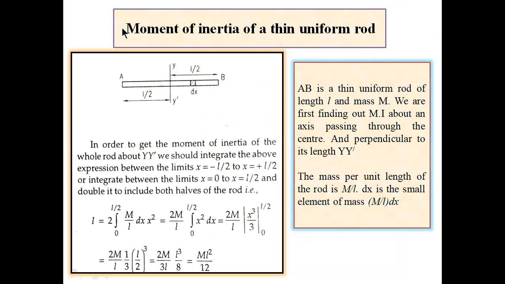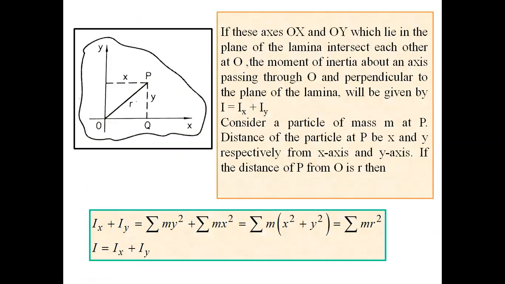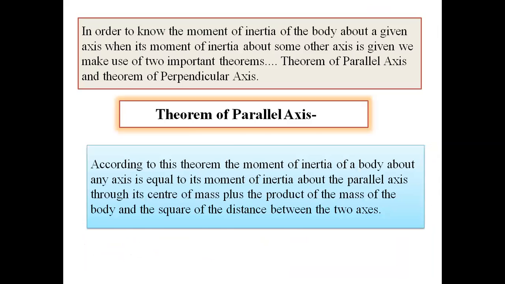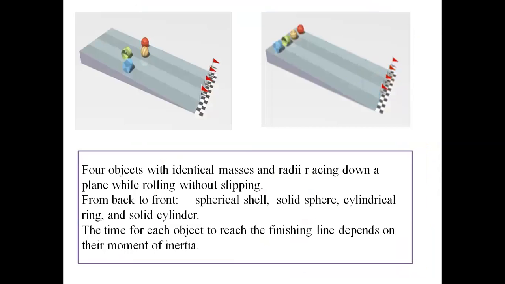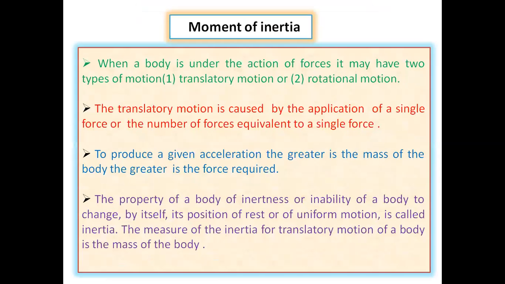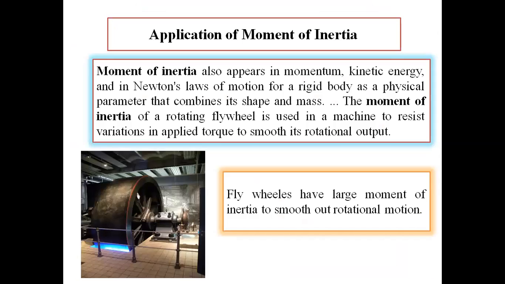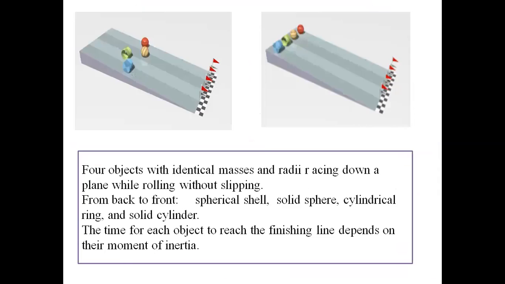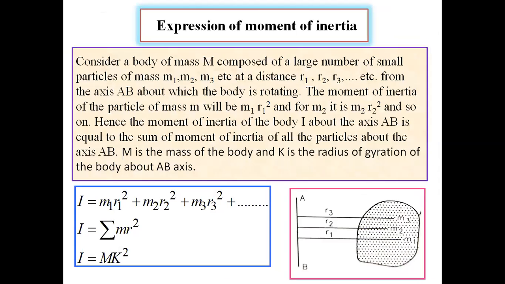So we have discussed the moment of inertia of a thin rod through its center and through one end. What is the summary of today's lecture? We have discussed what moment of inertia is, and its different applications. Then two theorems: the parallel axis theorem and the perpendicular axis theorem.